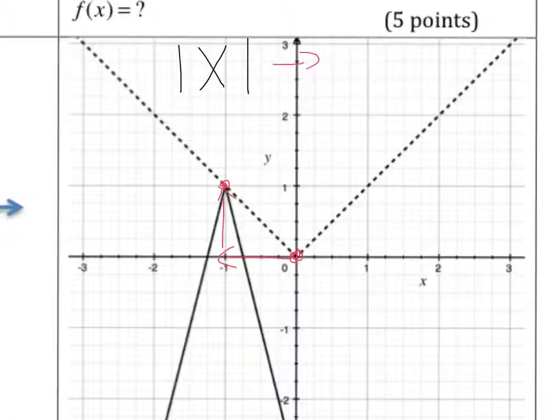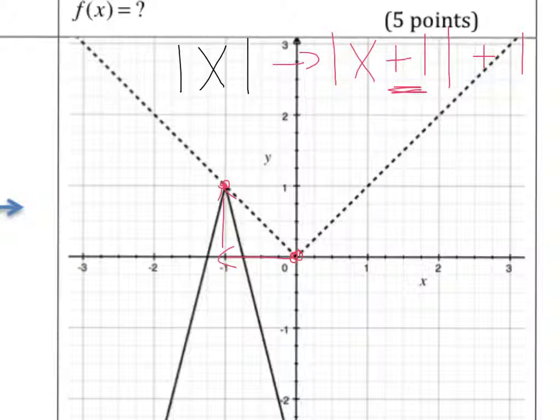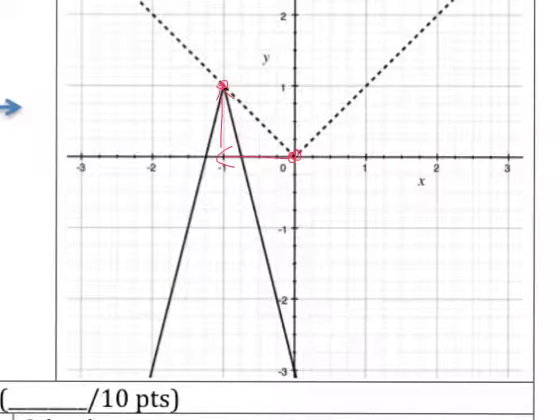That's going to change our function to the absolute value of x plus 1 with another plus 1 on the outside. The plus 1 on the inside tells me where my x is. The plus 1 on the outside tells me where my y is. The next thing I can take a look at is the slope of this graph.